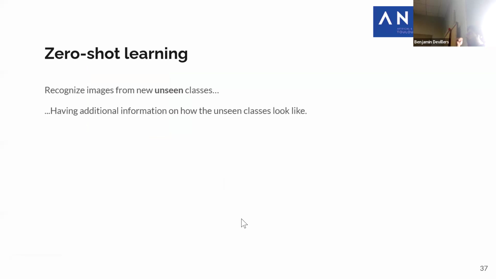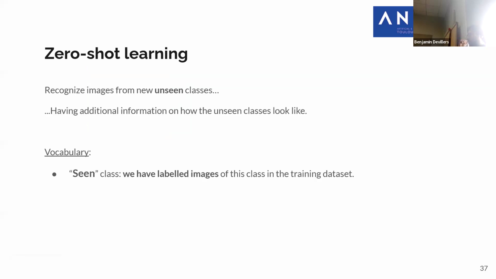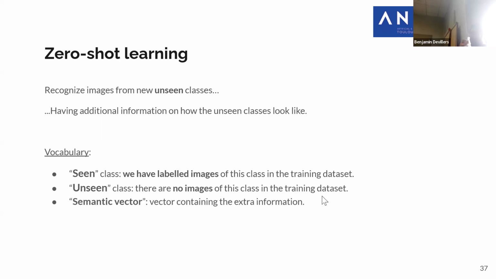So you need additional information about the unseen classes, but you also need seen classes, which have labels. So the vocabulary is: seen when you have labels for these images, unseen when you don't have the images but you still have the class description, the labels for those. And the semantic vector is this extra information that you give to all classes.